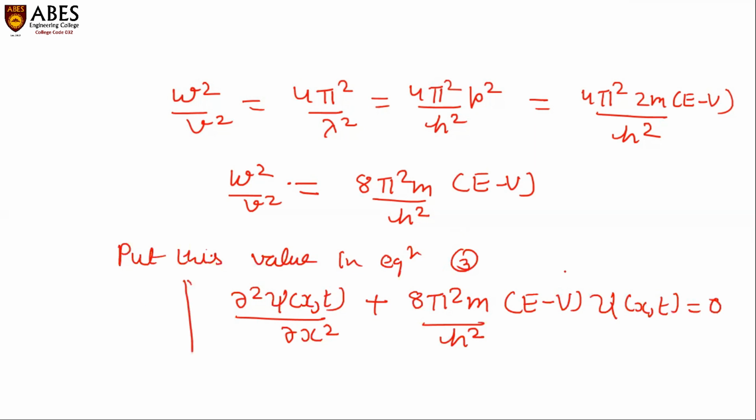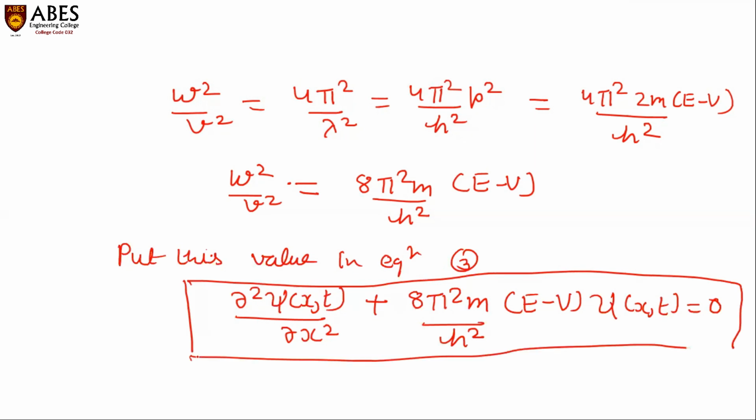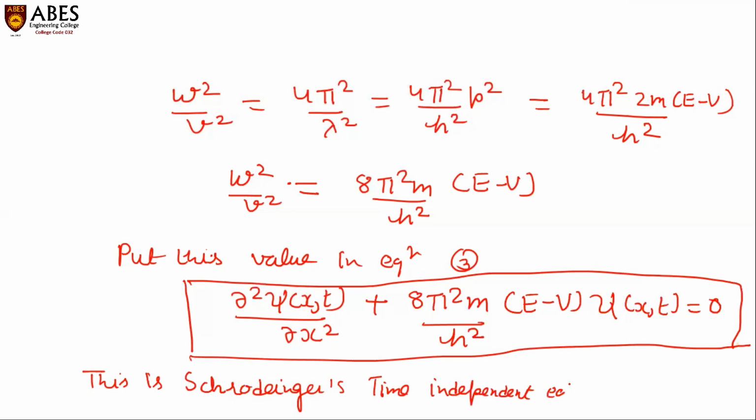So this is the Schrodinger time-independent equation, where E is total energy and V is potential energy.